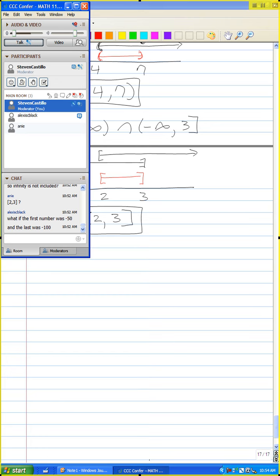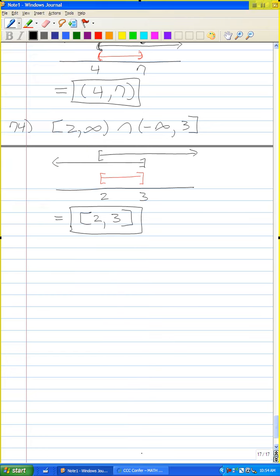And the last one was negative 100. Okay, so example. Negative 50 to infinity intersect negative infinity to negative 100 or positive 100.